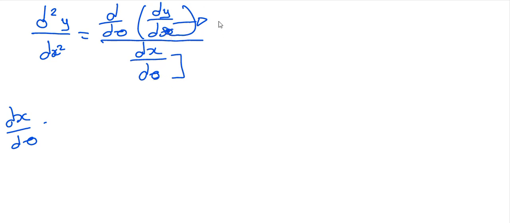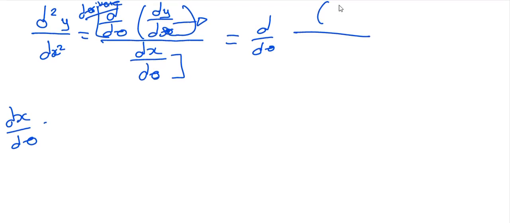So we are going to have a derivative of the top. Remember, this represents deriving. If we analyze this, we are going to have d over dtheta of dy over dx, all over dx over dtheta.